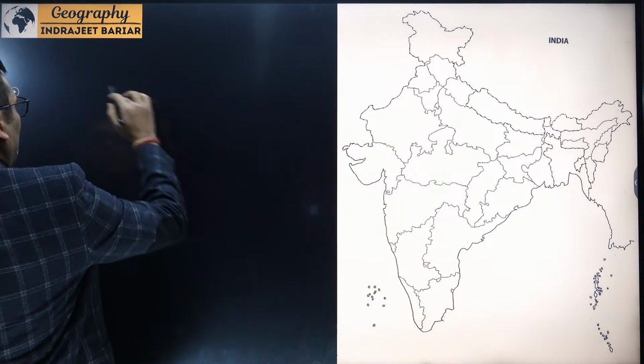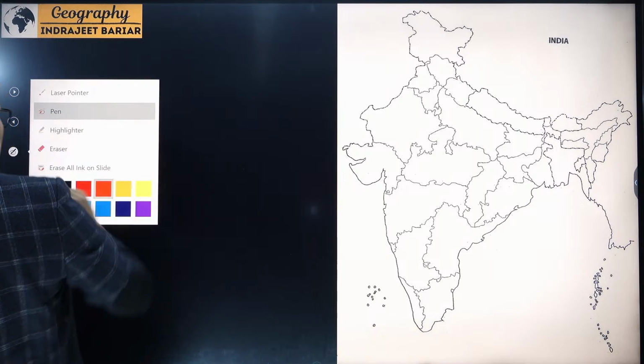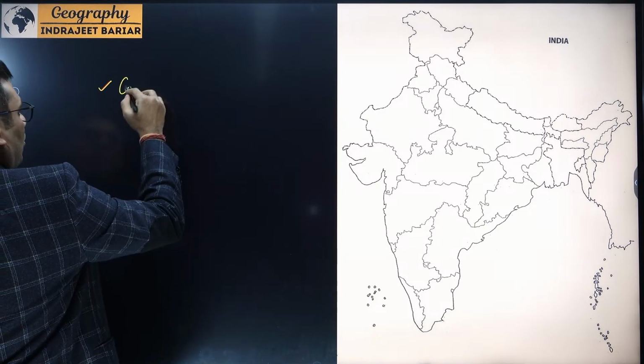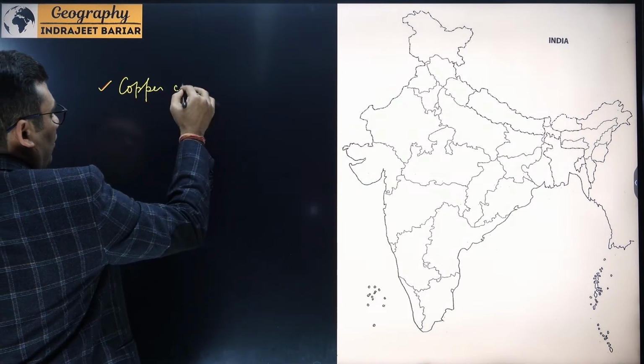So with respect to India's production, we are mainly dependent on imports. Now copper imports take place in two forms. First of all, the first form is copper concentrate.